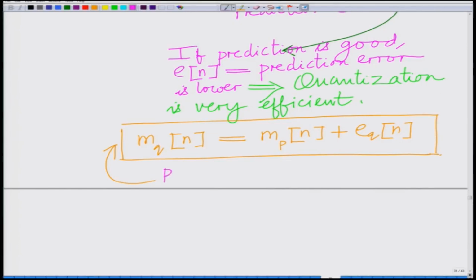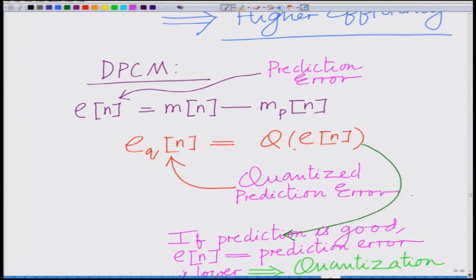This is in fact the identical thing that is going to be used at the receiver. And now in addition, one other thing that you have to observe, this Q of n need not be one bit. For instance, in delta modulation, it is simply delta times sign of e, that is plus or minus delta.